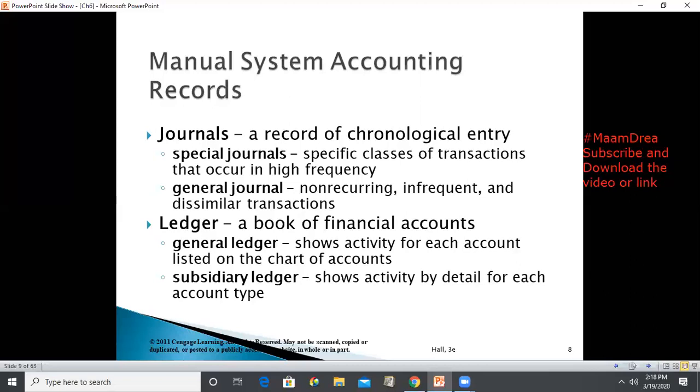There are two types of ledgers: the general ledgers, which contain the firm's account information in the form of control accounts, and the subsidiary ledgers, which contain the more detailed individual accounts that constitute the control accounts.